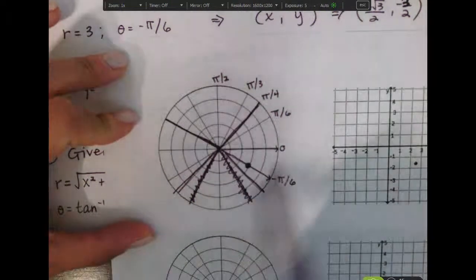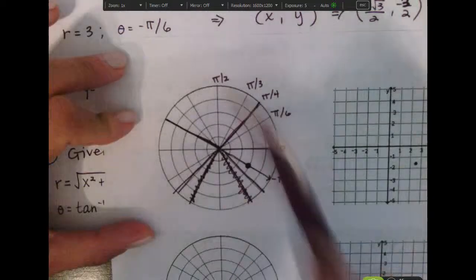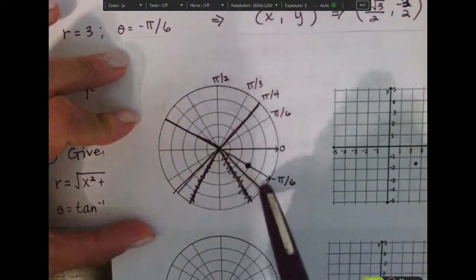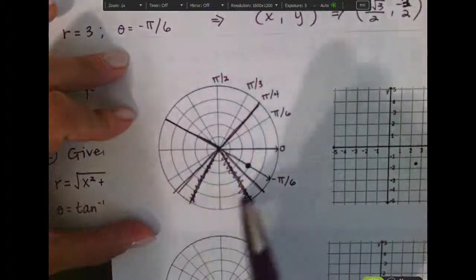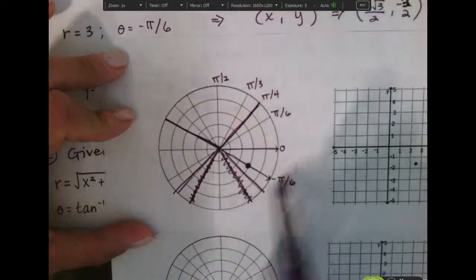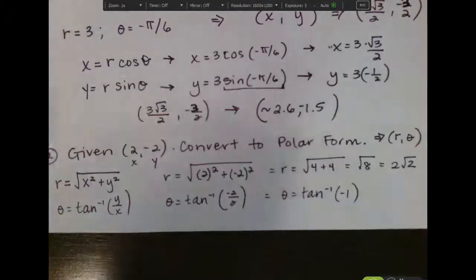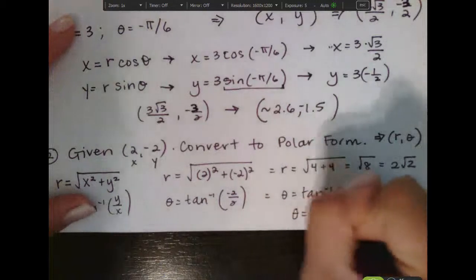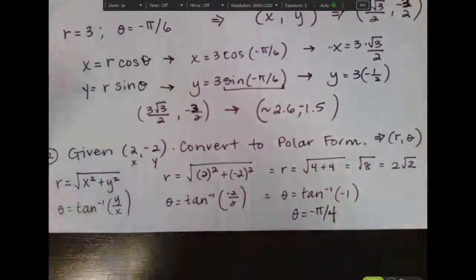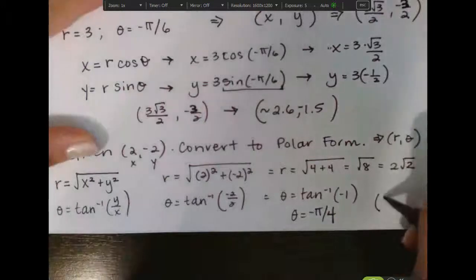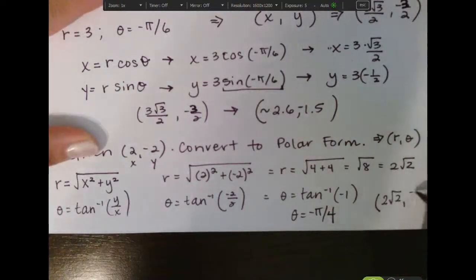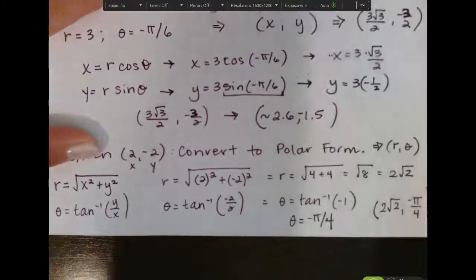So your only options are these two quadrants. And so it has to be this angle down here. Since we can't go all the way around because we'll go outside the range, we have to go in reverse, and that'll be the angle negative pi over 4. So my resulting point is 2 square root 2, comma, negative pi over 4.